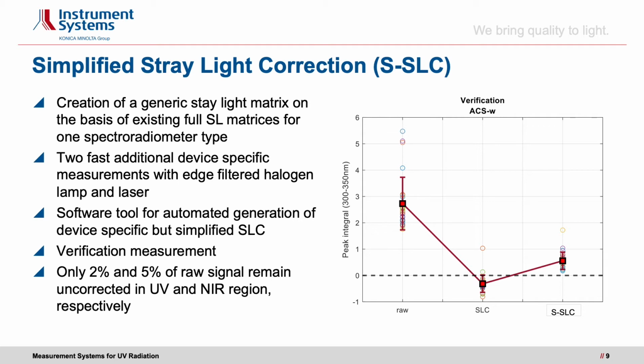The software tool for this automated generation of the device-specific but simplified stray light matrix is an essential tool to simplify the procedure, and of course afterwards verification measurements shall be performed. In the result, only 2% in the UV and 5% in the near-infrared region will provide some signal of remaining uncorrected stray light.